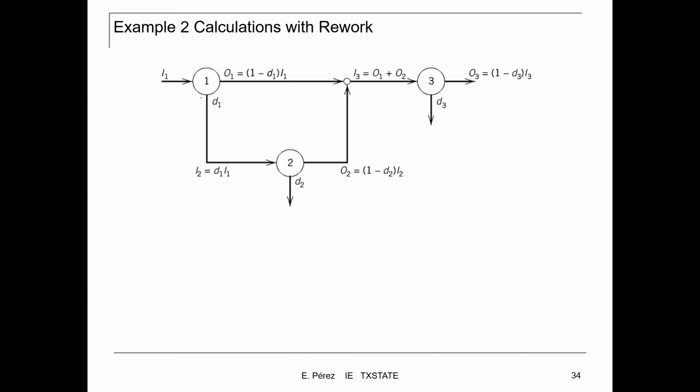So for instance, in this first station, those units that are defects are going to another process or another station that is called station number 2, for some rework, meaning that some of those parts that are processed in that station will go back to the process and will be usable in terms of being in good shape to complete the process.